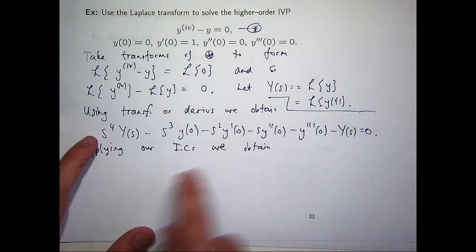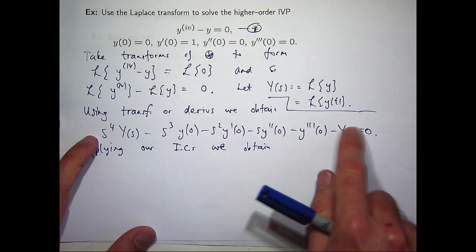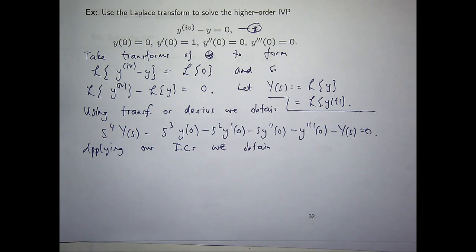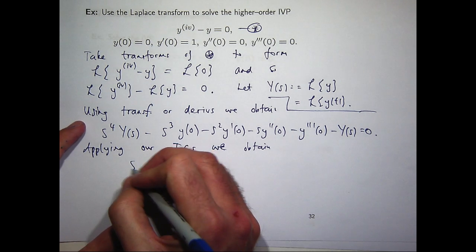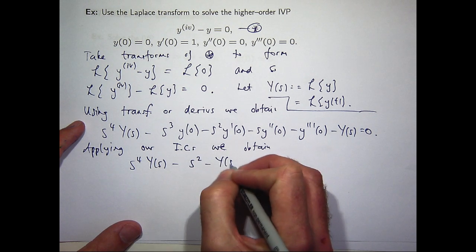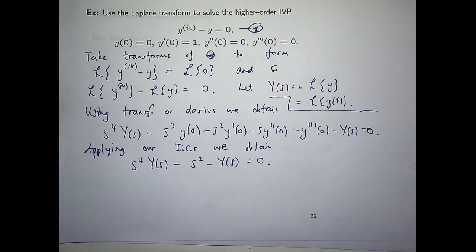Everything's going to be 0 except this. I'm going to get a minus s squared here, and I've still got that term over there, of course, and that term there. So we'll get something like this. You can see that's simplified now.